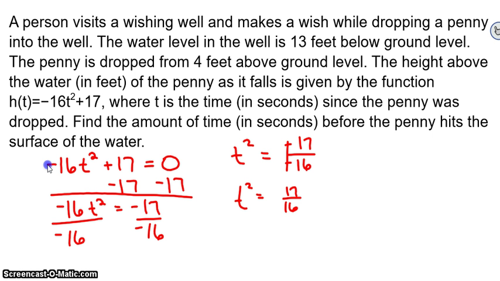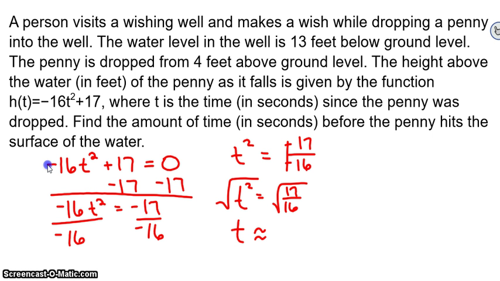And then, how do you undo a square? Absolutely, square root on both sides so that t is by itself. Now remember, we should always put plus and minus on our answers. And because we're dealing with a real-world situation, approximations are going to be the way to go. So let's find those two approximate values.